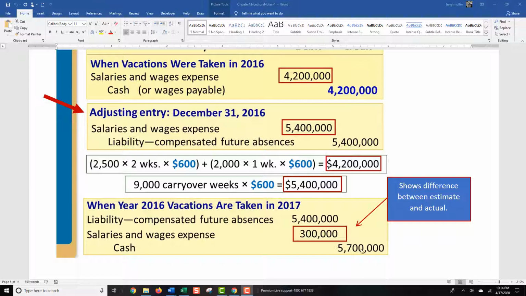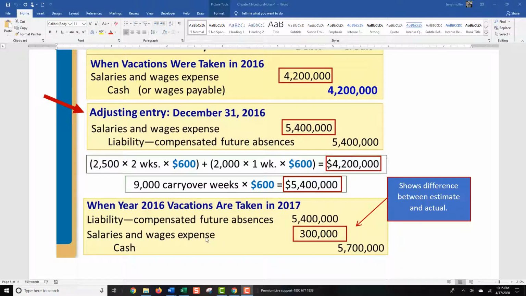You're short how much cash you need to actually pay for the people that took their vacation. So you have an additional $300,000 in salary and wage expense that has to go into the current period because your guess was off. That's $600 per employee average. That guess was not enough, but you don't know that.